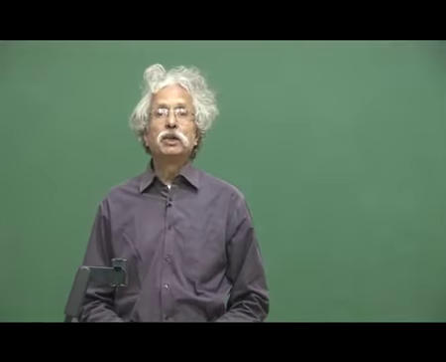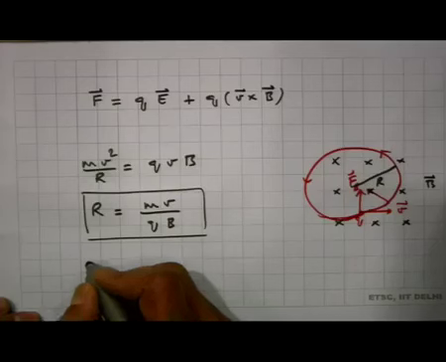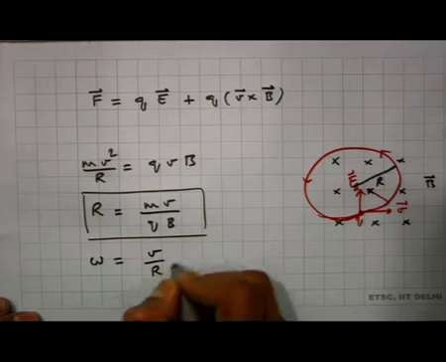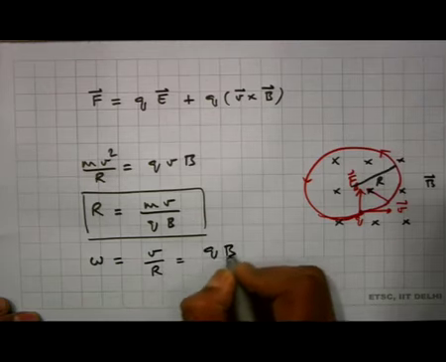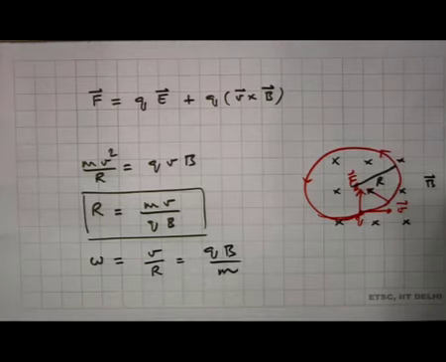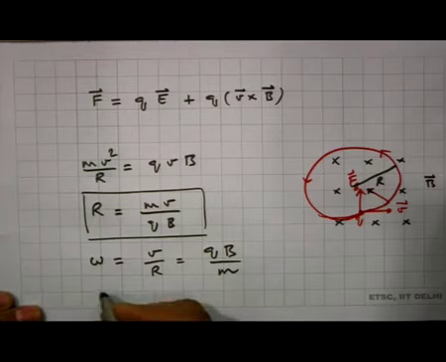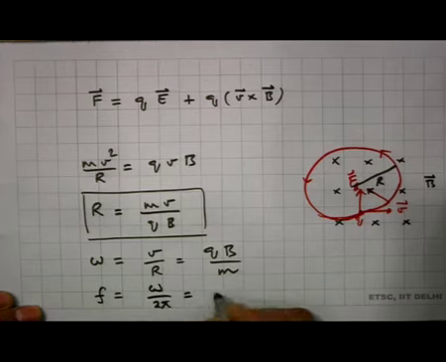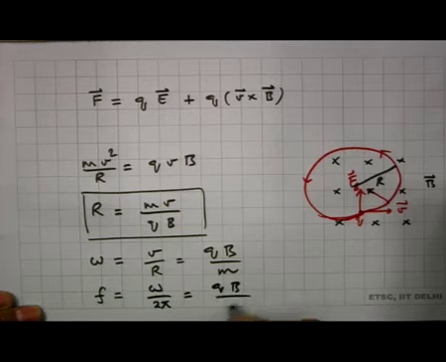This radius also tells me that the angular velocity of the motion is nothing but v by r, which is equal to qB by m. Angular velocity is qB by m, and it's independent of the radius of the charged particle's motion or of the velocity. And this gives me a frequency, the number of revolutions per unit time, f equal to omega by 2 pi, which is equal to qB by 2 pi m.